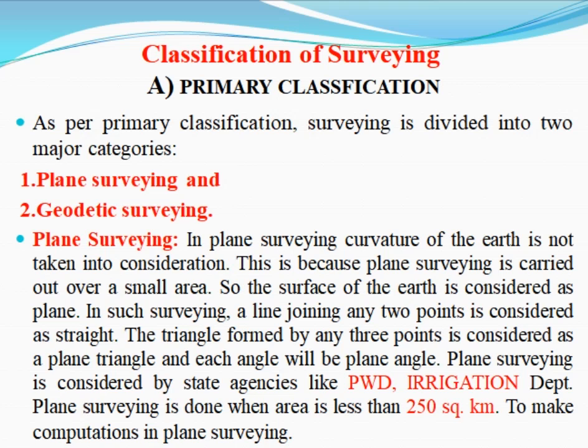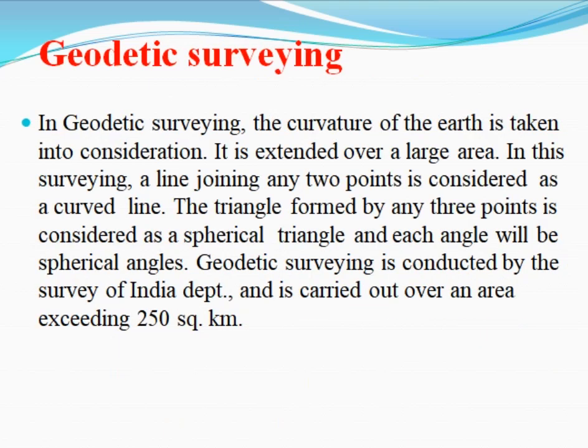You remember that. In geodetic surveying we have to consider the surface of the earth as curved, and we have to consider a larger area, and the line joining any two points is considered as a curved line. The triangle formed by any 3 points is considered as a spherical triangle, and each angle will be a spherical angle.